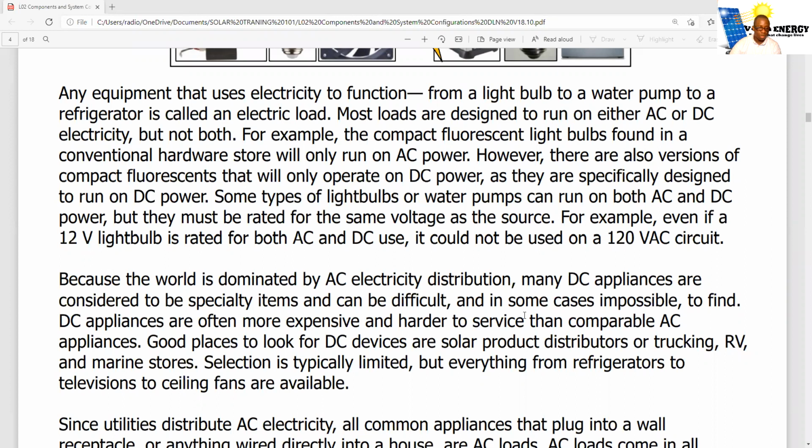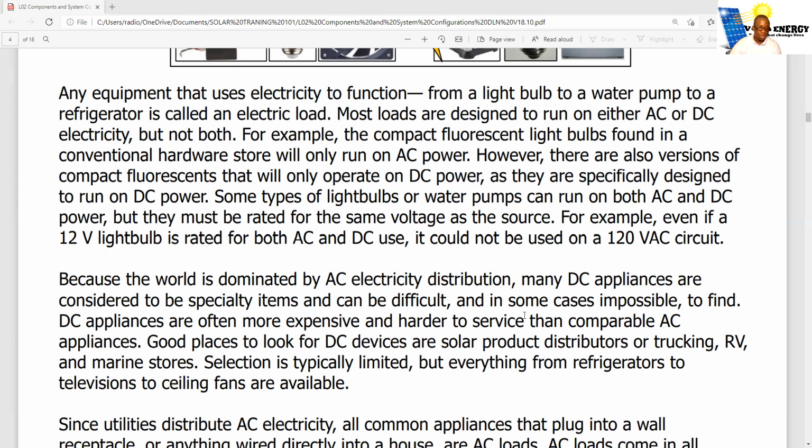You cannot have a device that uses DC current and AC current at the same time. For example, the compact fluorescent light bulbs from a conventional hardware store will only run on AC power.